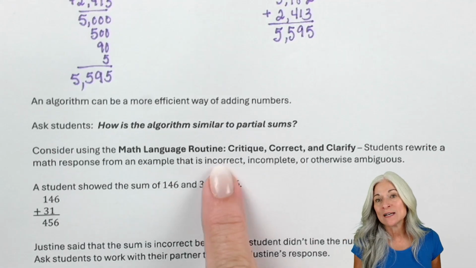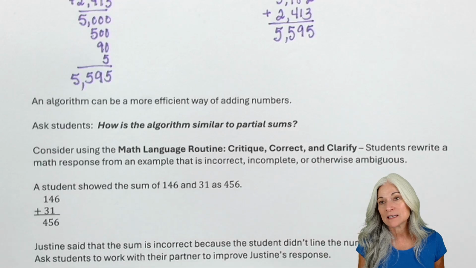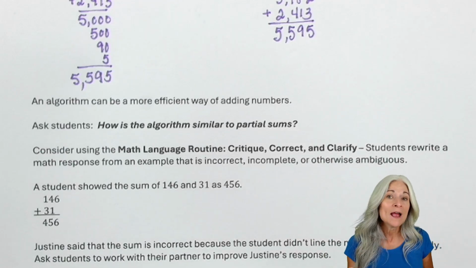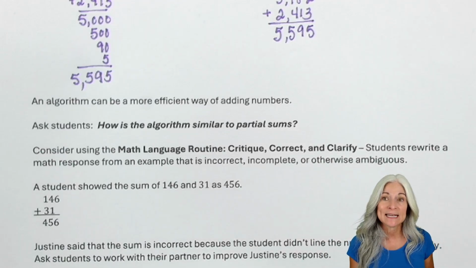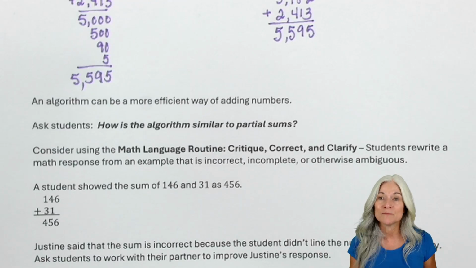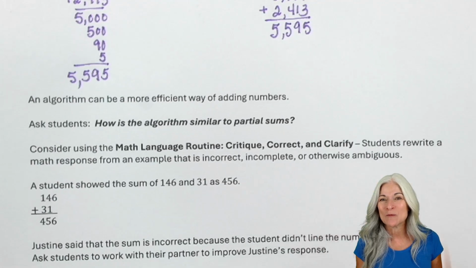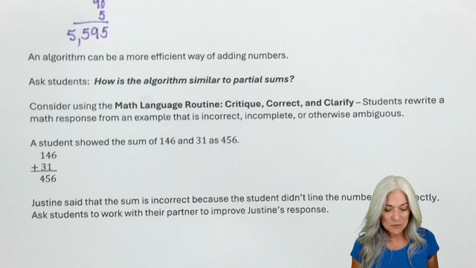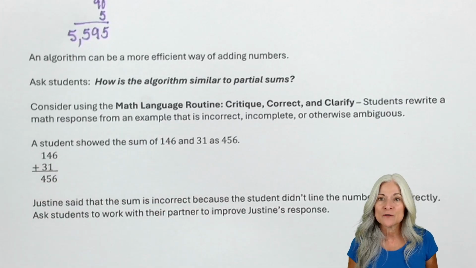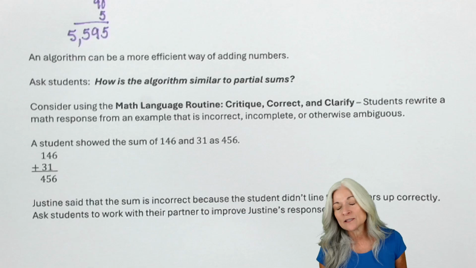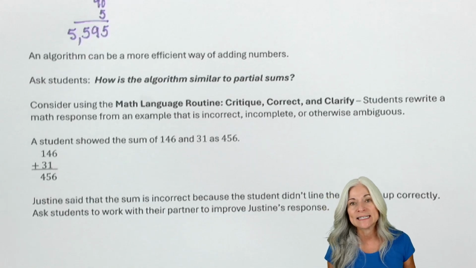So this is a great time to use the critique, correct, and clarify. So students rewrite a math response from an example that is incorrect, incomplete, or otherwise ambiguous. The example I have falls into otherwise ambiguous. So maybe a student showed the sum of 146 and 31 as 456.